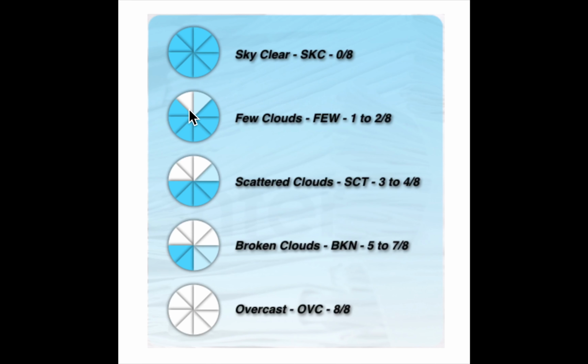In the second case, imagine 1 or 2 portions of the sky are covered with clouds, so it is called few clouds. If 3 or 4 are covered with clouds, it is called scattered clouds. Then 5 to 7 is called broken, and if all 8 are covered with clouds, it is called overcast. I hope now you have an idea of few, scattered, broken and overcast clouds.